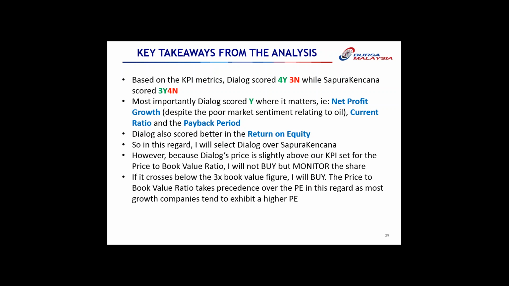Now, if a company exhibits very poor profit growth, you can always look back on the cash flow statement as a secondary source and look at the operating cash flow. If there's a positive operating cash flow, then that would lend support to your assessment.